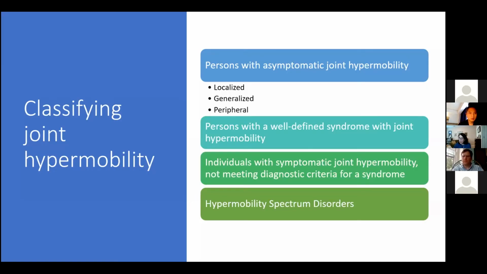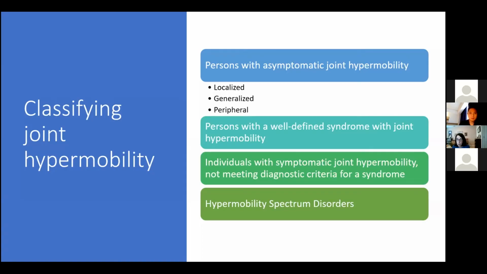It may be generalized, meeting the criteria for the Beighton scale, or it may be peripheral, as we see in the vascular type of Ehlers-Danlos syndrome, where it's just the small joints of the hands and feet that are hypermobile.